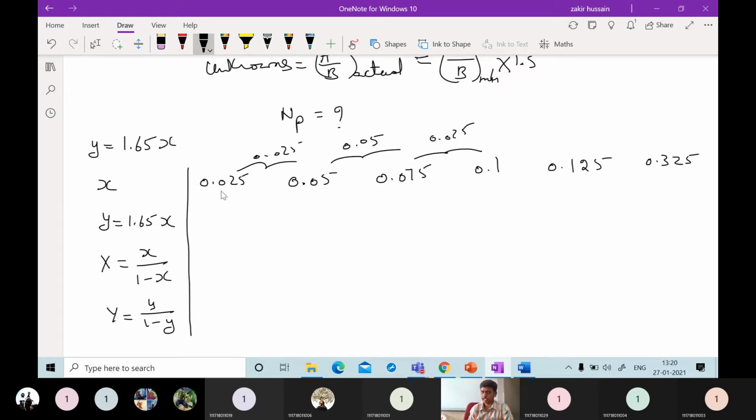According to you, we can assume the data points. The equilibrium relationship will be the same whatever data points you choose. So x values you have to assume, and using those x values you calculate your y values.